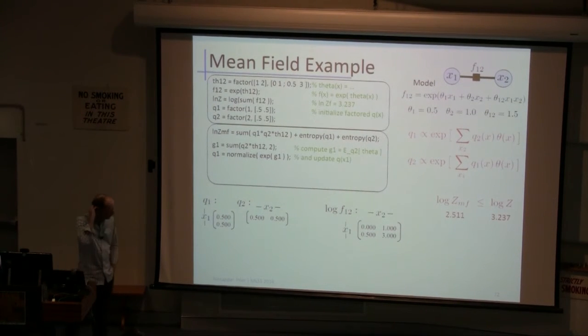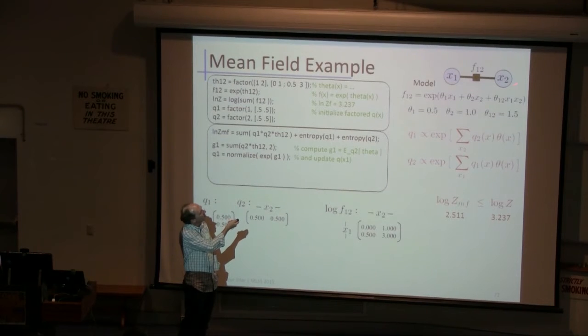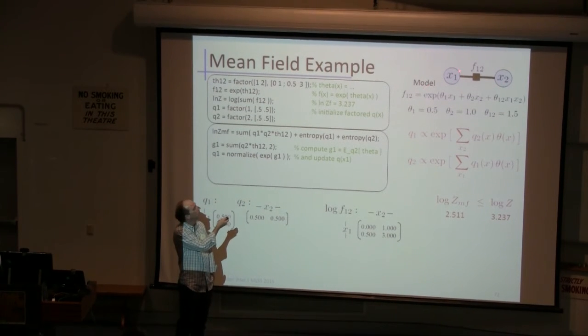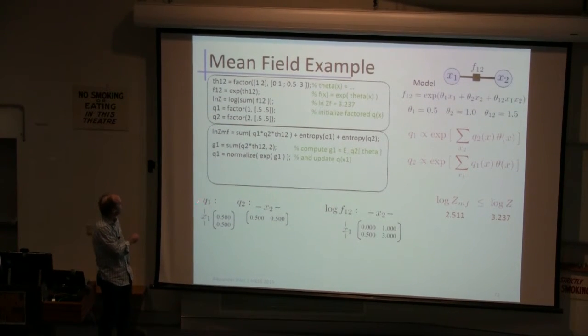So here's a quick demo that I think sheds some light on what mean field is doing. Here's a pretty trivial model. It's just a function over x1 and x2, so it's just a two-variable model. I'm going to fit mean field using a product q1 of x1 times q2 of x2.